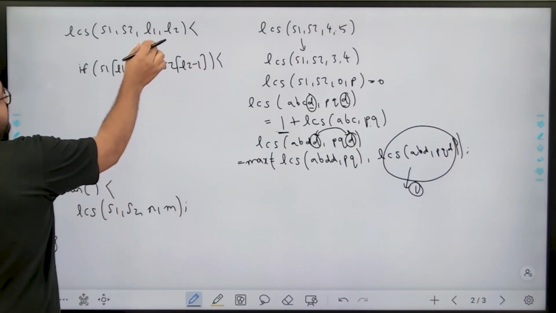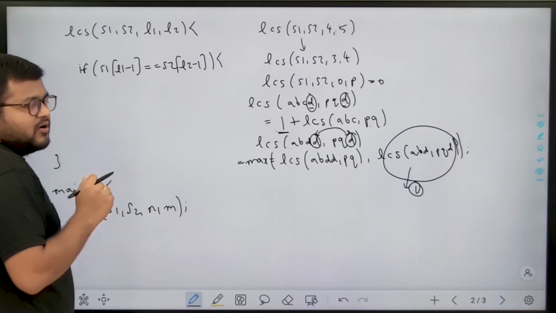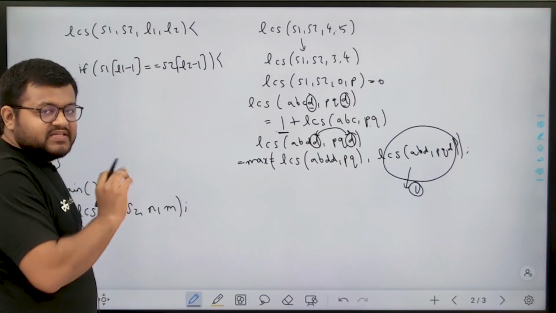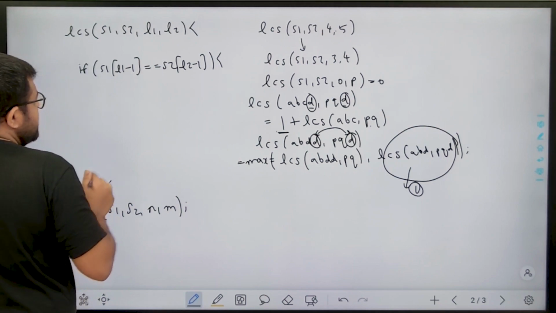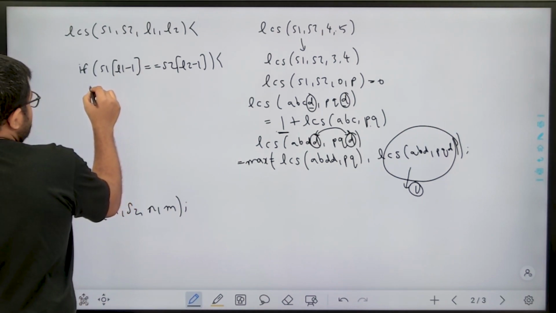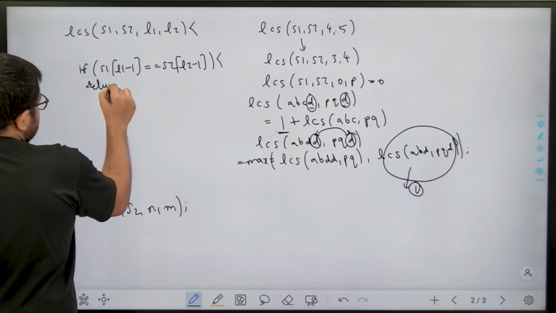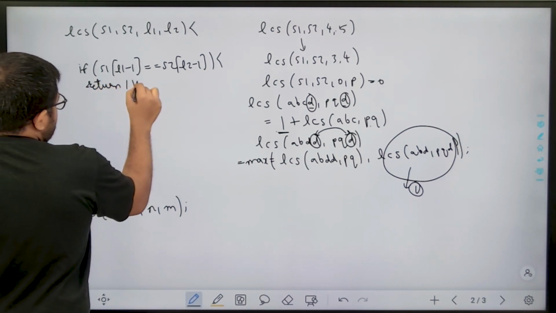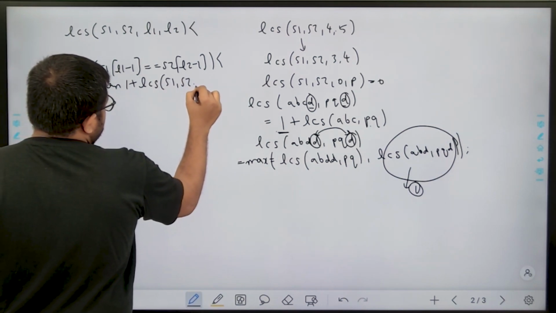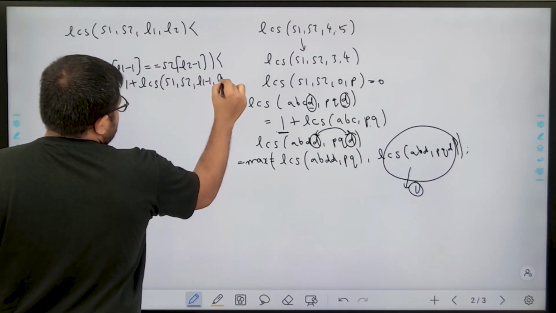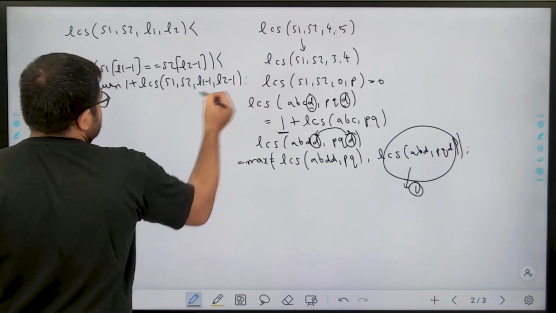We are considering the L1th and L2th characters, but their indexes will be L1 minus 1 and L2 minus 1 because strings are 0-based index. Then I can say return 1 plus the longest common subsequence between S1, S2, L1 minus 1 and L2 minus 1.